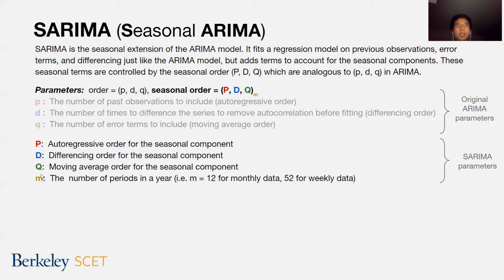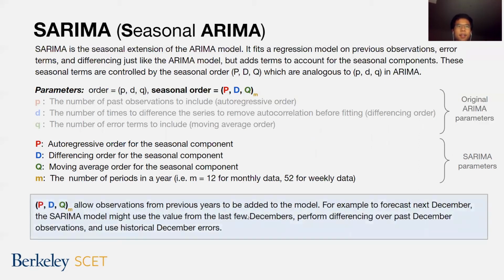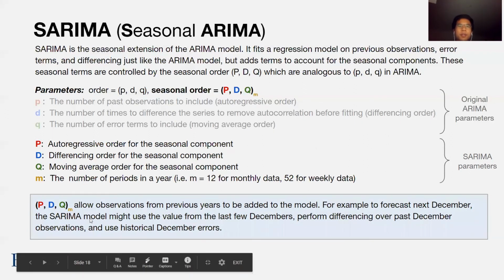We have a P, a D, a Q, and the M now refers to the number of periods in a year. So it would be 12 for monthly data, and 52 for weekly data. The idea here is that these additional terms, P, D, and Q, allow us to account for observations from previous years. We saw in the ARIMA model that you might use the previous month and the month before that and the month before that.